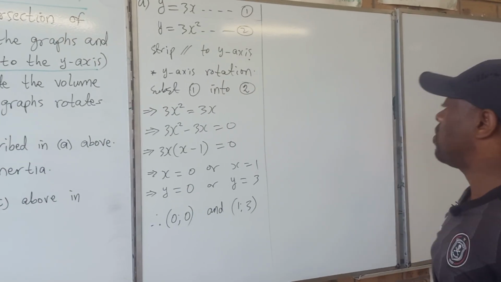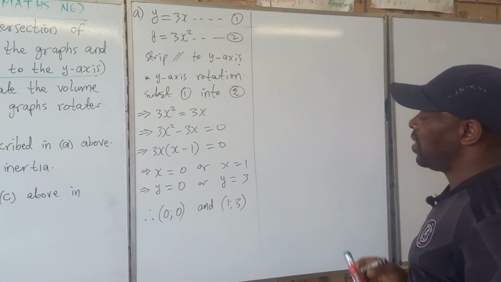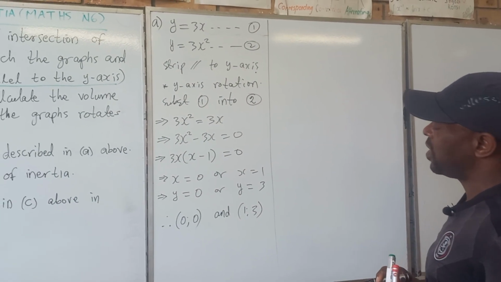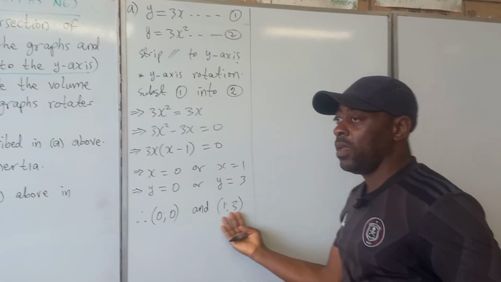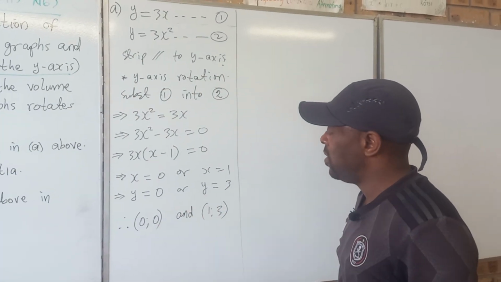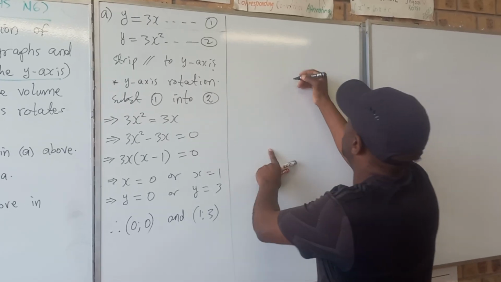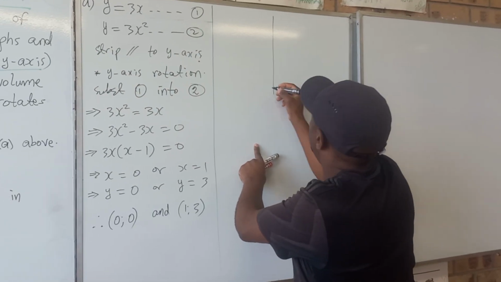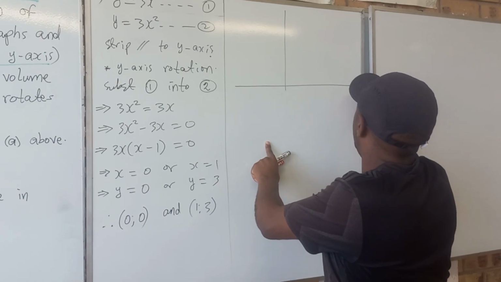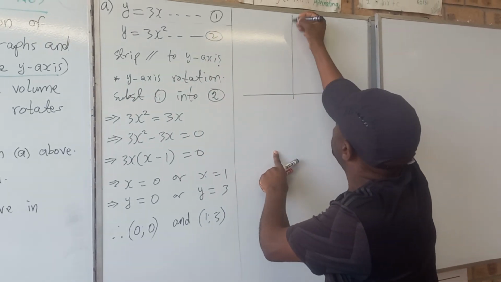So once I've got the points of intersection, they should guide me through the procedure of sketching the graph. So I will start by analyzing my points of intersection. You see they are all in the first quadrant, so that shows me that what I need is the first quadrant. So when I put my xy plane, that should be my target.